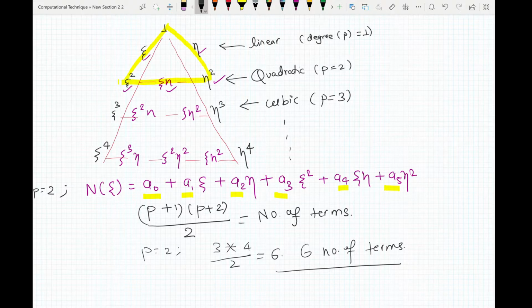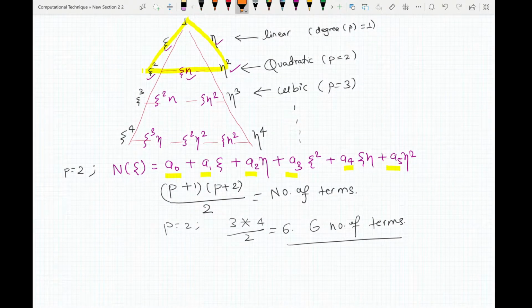Please remember not to forget any of these terms or monomials while solving for your shape functions. Let's say if you miss one of the terms, then it may affect your rate of convergence.